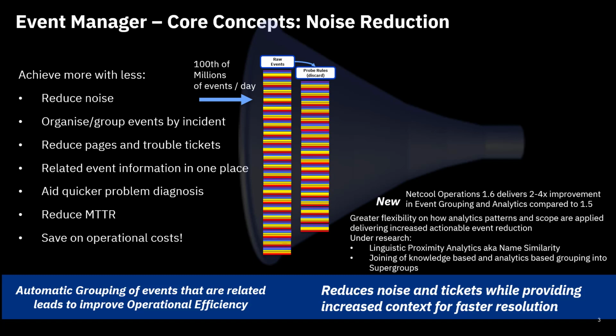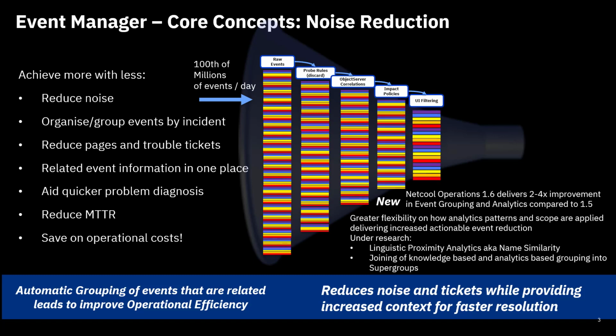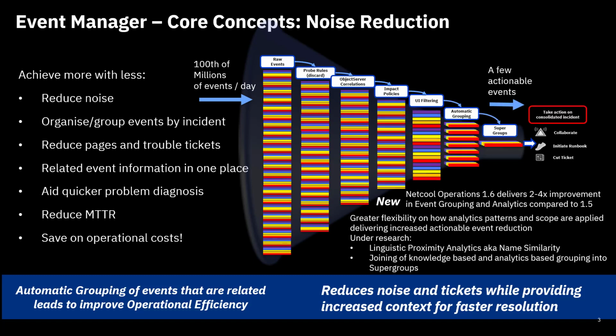All this event reduction, pattern matching, event receiving, all that is done already. And we have in the end a few actionable events left behind. And those are managed by an operations team. And the operations team wants to do something with those.